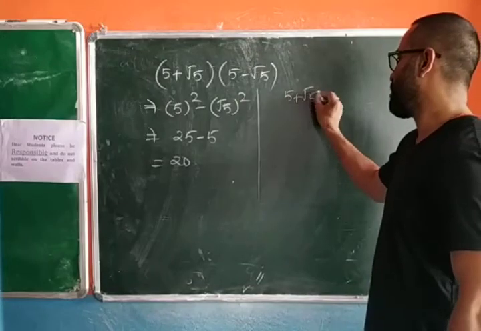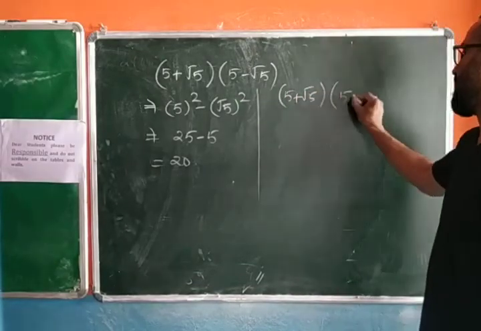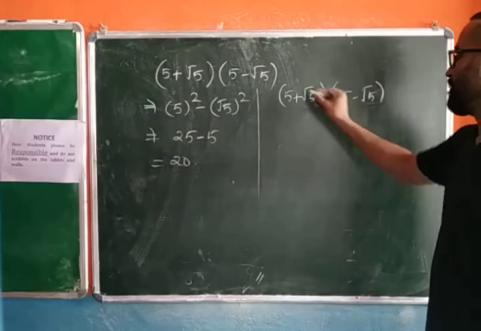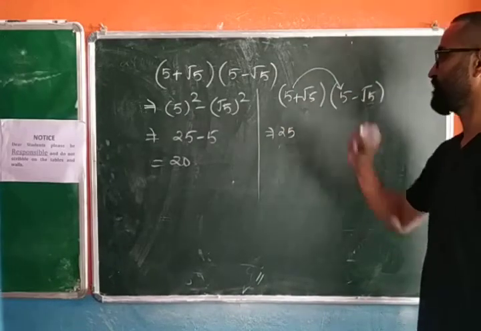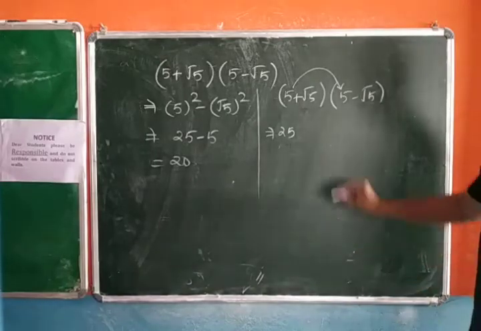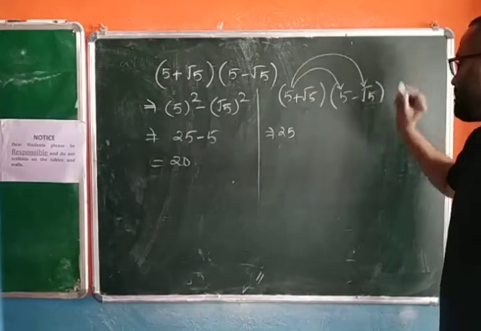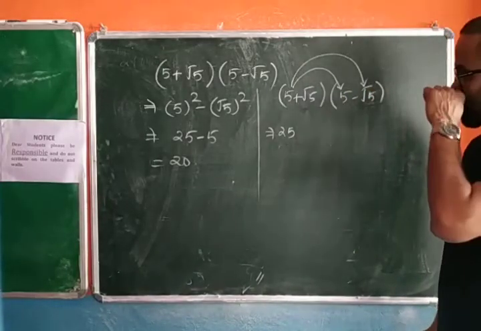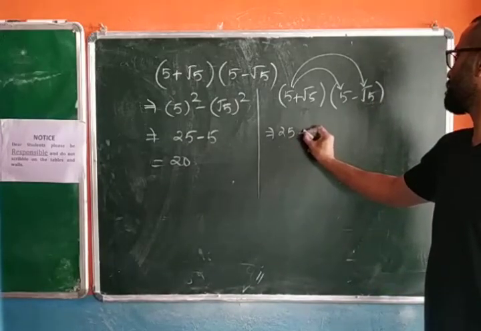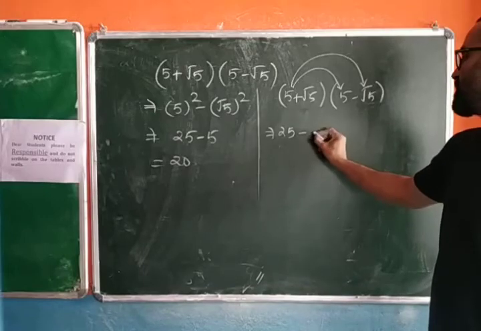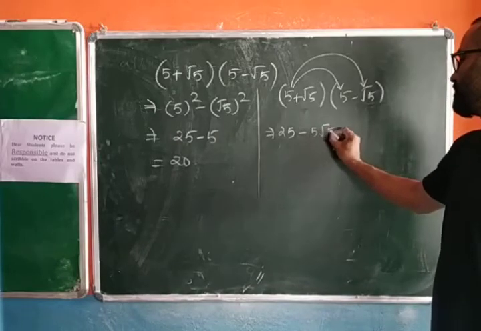5 plus root 5 multiplies 5 minus root 5. 5 into 5 is 25. Plus into minus is minus 5 root 5.